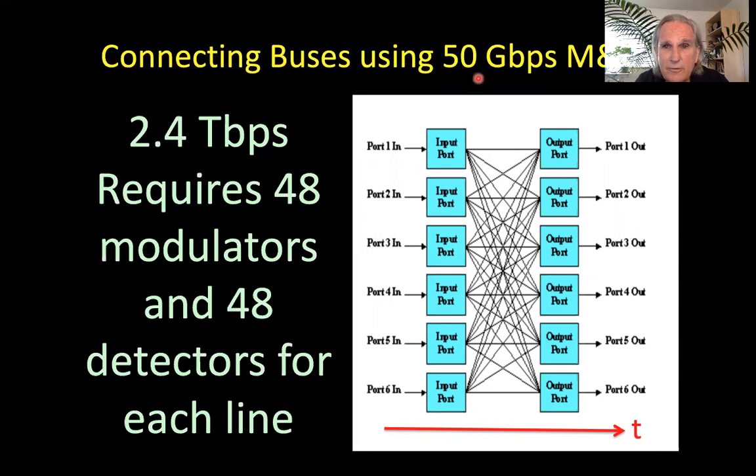Again, we can go to 50 gigabits per second, as we know, with silicon photonics. 2.4 terabits per second, the kind of bus rate. If we wanted to open that bus and share that bus across the CPU with 4 GPUs, we'd need something like 48 modulators and 48 detectors for each line.